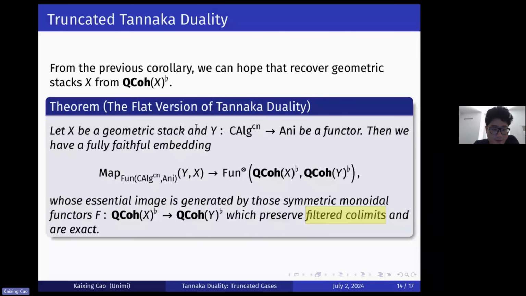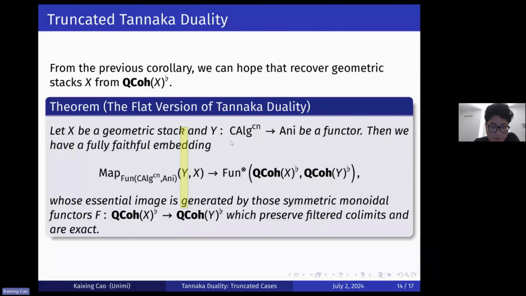The proof of this theorem is just direct. It follows immediately from the previous corollary, because although in the previous corollary Y is affine, as I said, if we use the density lemma, we can write Y as a colimit of the co-representable functors, then we can reduce to the affine case.